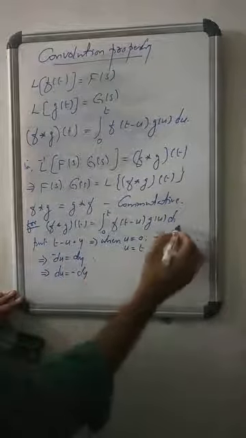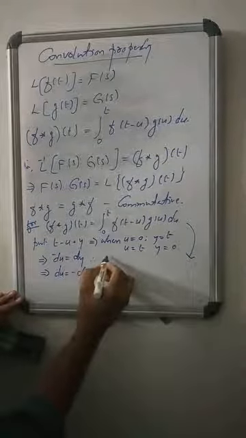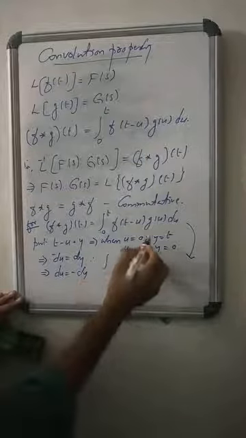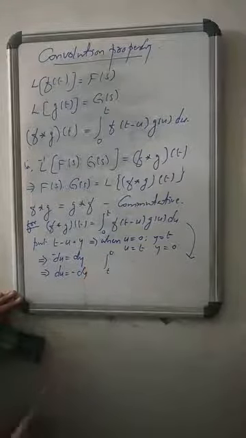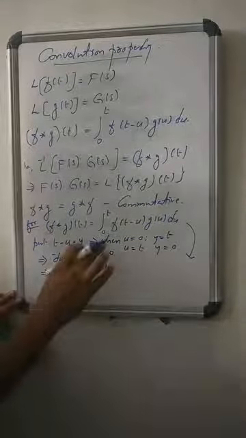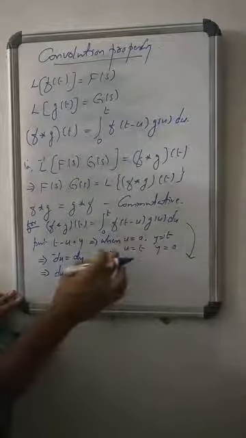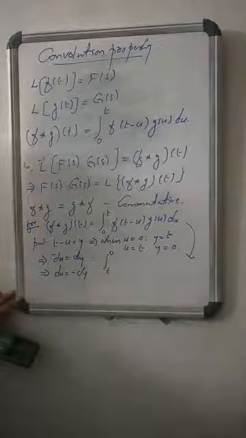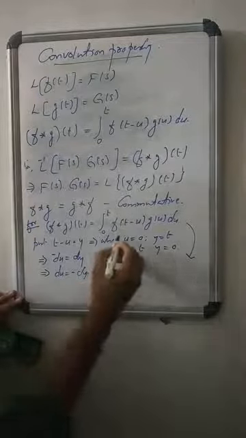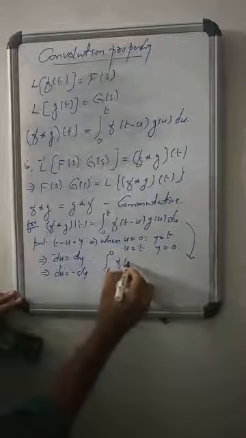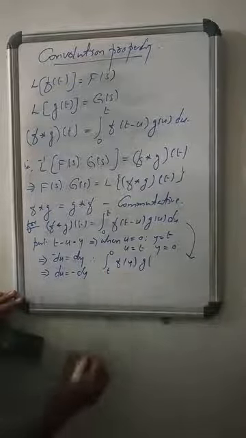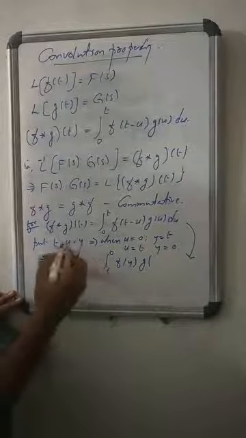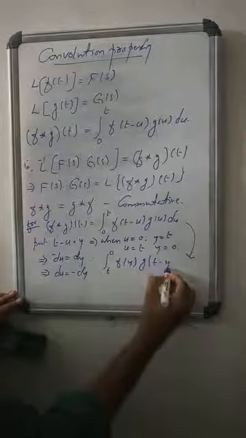Therefore, the integral becomes, instead of 0 to t, t to 0. When u equals 0, y becomes t, and when u equals t, y becomes 0. So integral t to 0 of f of, what is t minus u? It is y, into g of u, where u is t minus y, so g of t minus y.